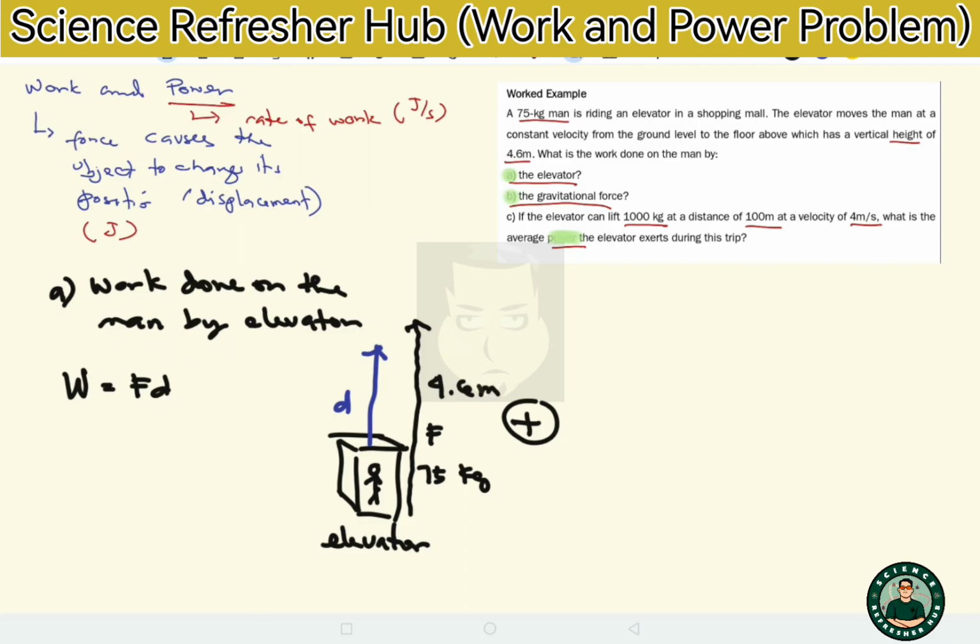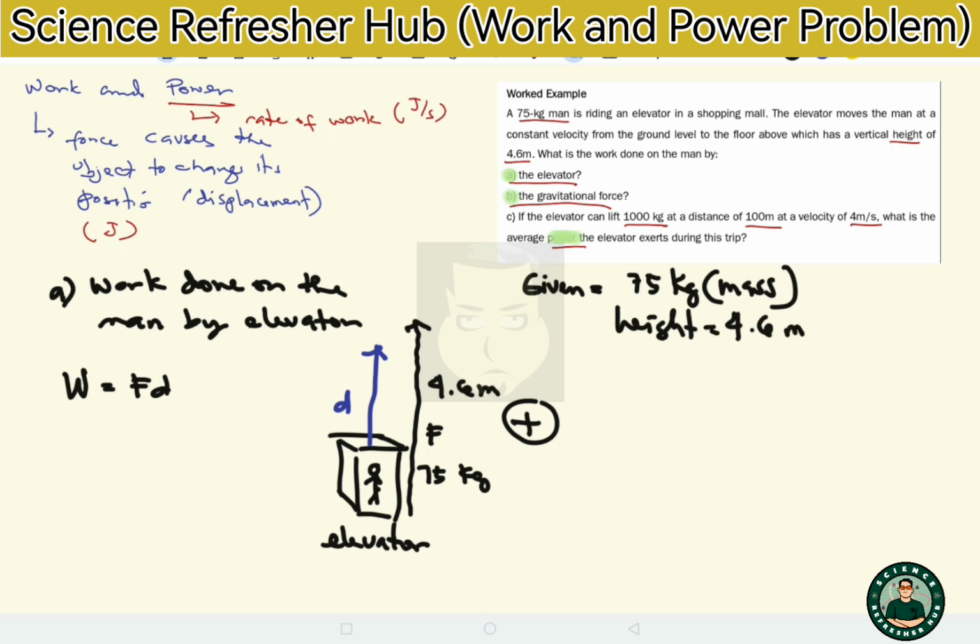Now, in the problem, you couldn't see any force there. Look at the given. Given is the 75-kilogram mass. That's going to be the mass. We have a height, it's 4.6 meters.